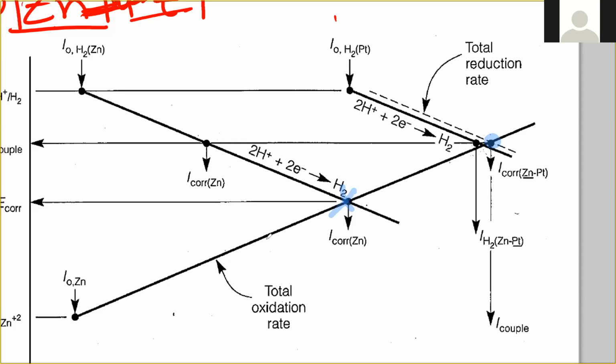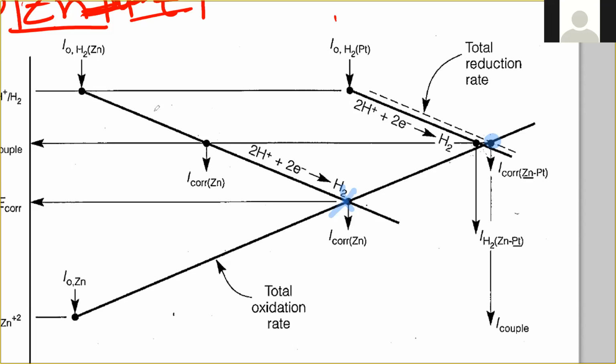So, paano po makuha yung corrosion rate based sa plots ng polarization? Yung intersection. Oo nga po, di ba potential value po yun?